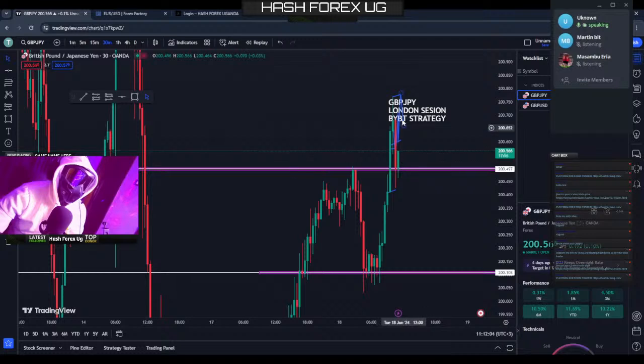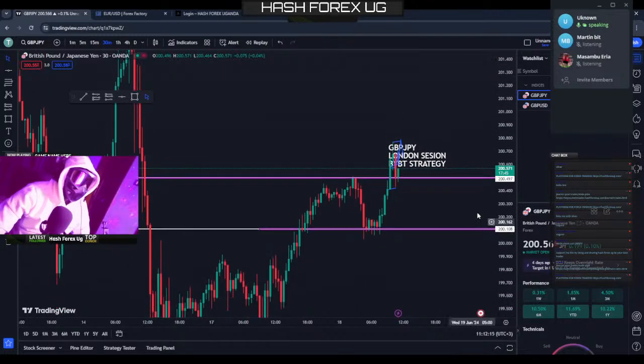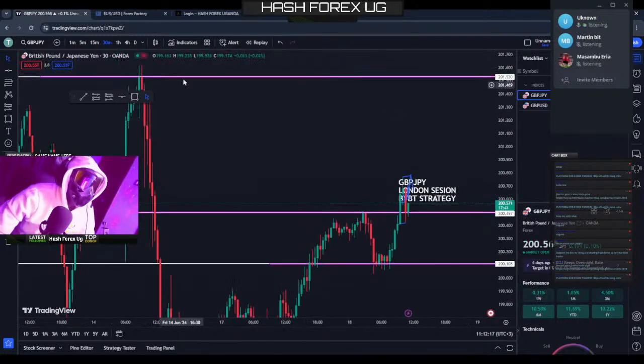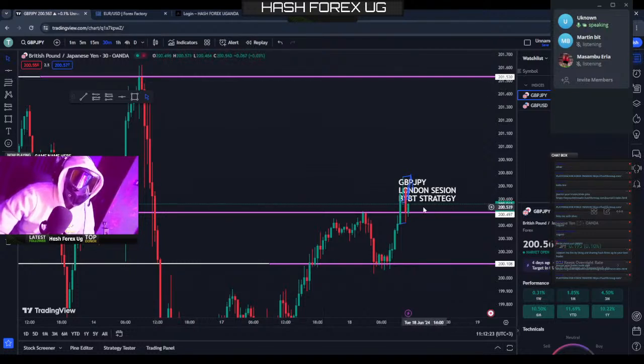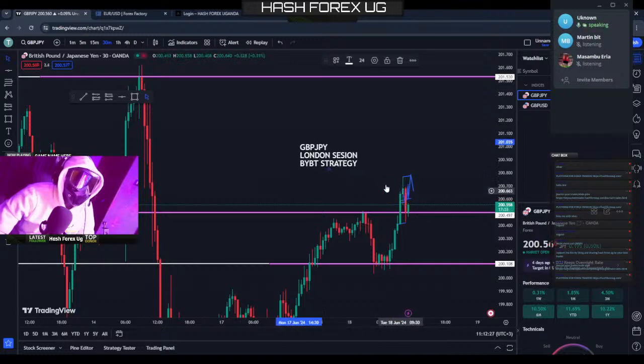So we need to close above. We need to engulf this candle of sales. Then after that candle, we shall be able to get some buys, maybe pulling up to that zone. So we want to see this candle closing above this resistance.